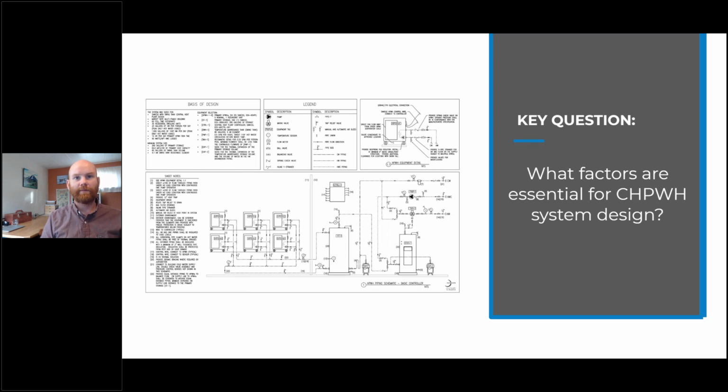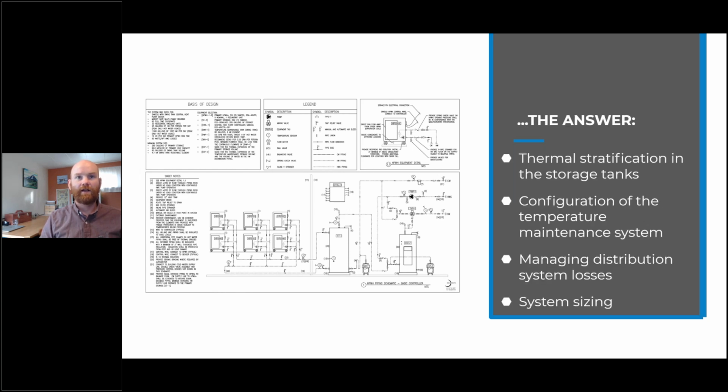So today we're talking about what factors are essential for commercial heat pump water heating system design. And we're going to step through these, but I am arguing today that thermal stratification in our storage tanks is a big part of successful heat pump water heating systems. We want to prioritize thermal stratification in our storage tank.